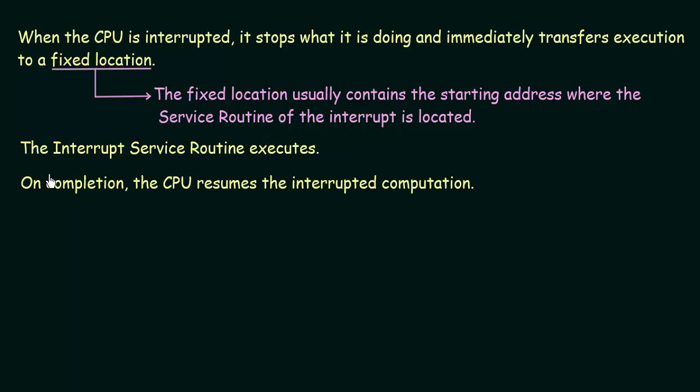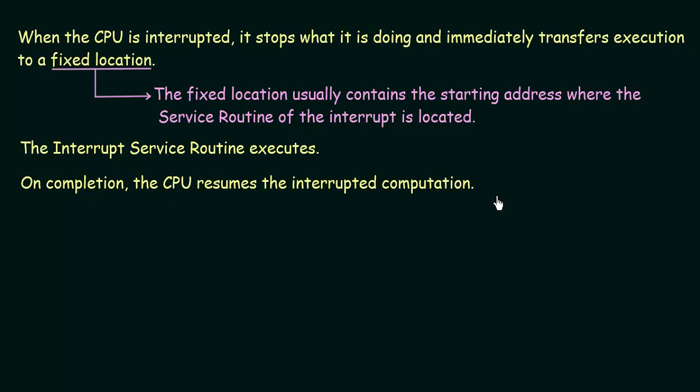And then what happens? The interrupt service routine executes. Whatever was written in the interrupt service routine gets executed completely. And then, on completion, the CPU resumes the interrupted computation. We know that the CPU was already doing something before.